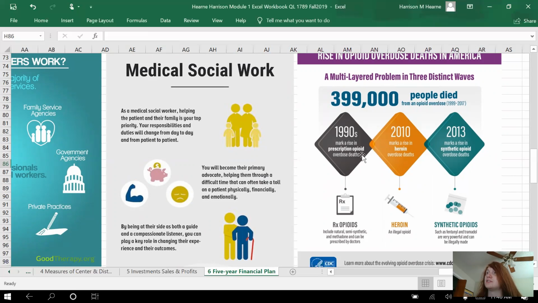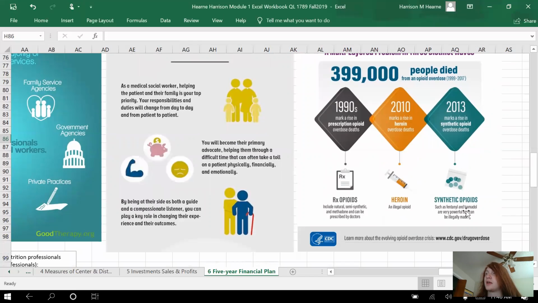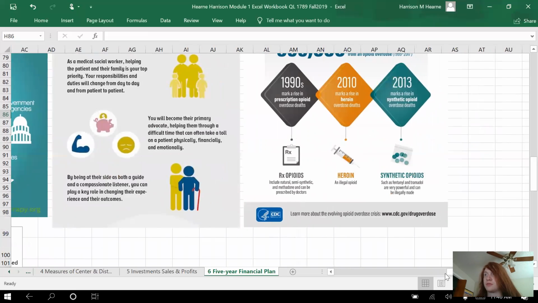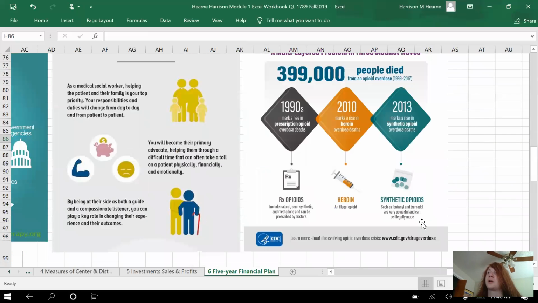The 1990s saw a marked rise in prescription overdose deaths. In 2010, there was a massive rise in heroin-related overdose deaths. And in 2013 came the massive rise in synthetic opioids, which are substances such as fentanyl and tramadol combined with other things that can be very powerful.